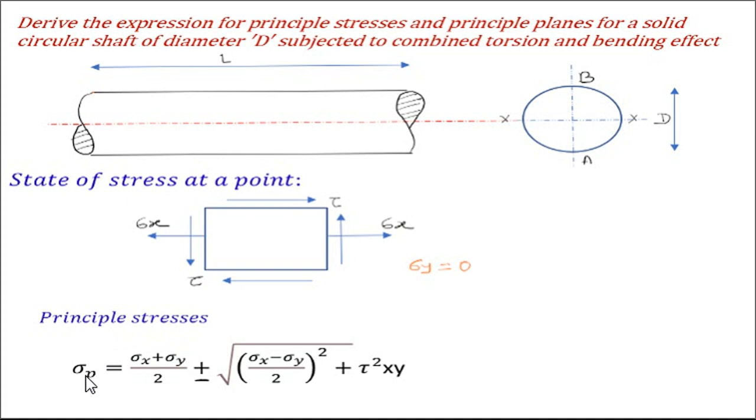In the slide you can see sigma p is equal to (sigma x plus sigma y) divided by 2, plus or minus the square root of ((sigma x minus sigma y) divided by 2) whole square plus tau xy square. This is the expression to determine the principal stress. For one value you take the plus sign, and for the other value you take the minus sign.